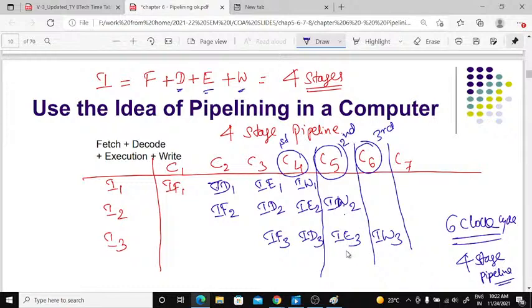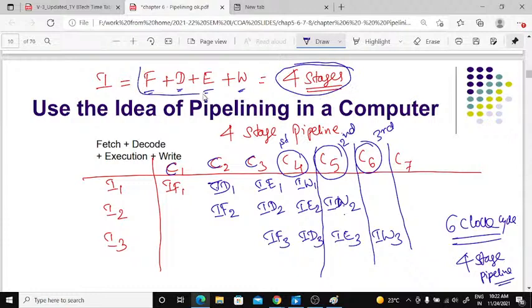I hope you are getting it. Here we consider each stage takes one clock cycle time. At the end of the fourth clock cycle, why the fourth? Because one instruction has to cross four stages.